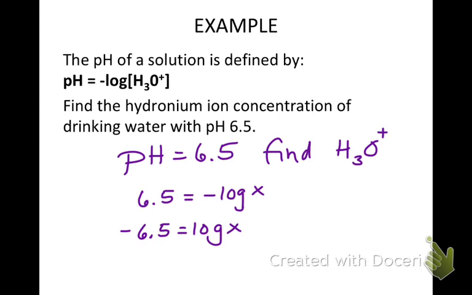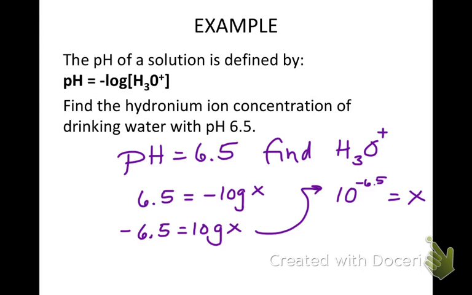So to solve a logarithmic equation, you have to do the inverse of a log, which is exponential. So how do we convert this to an exponential equation? My base of my log is 10. 10 to what power? Negative 6.5 is equal to x.